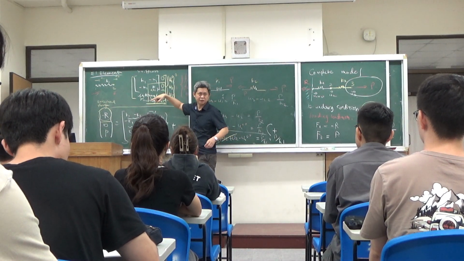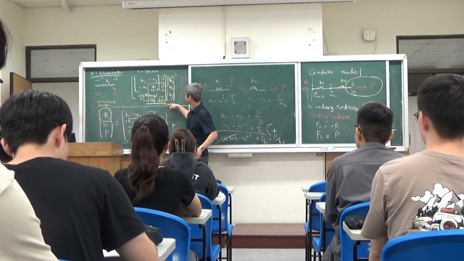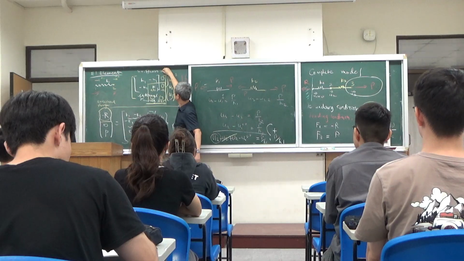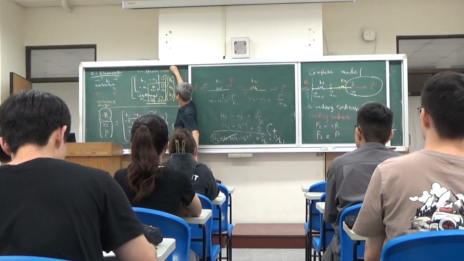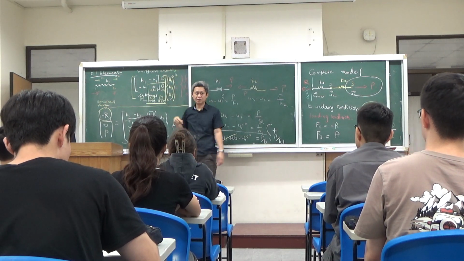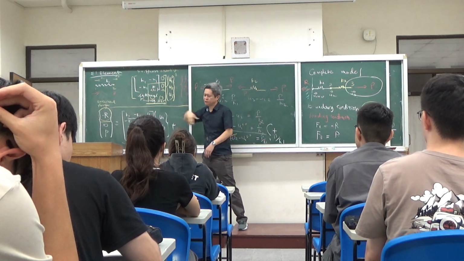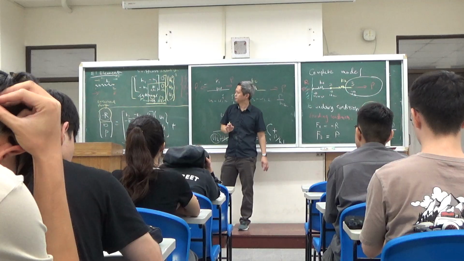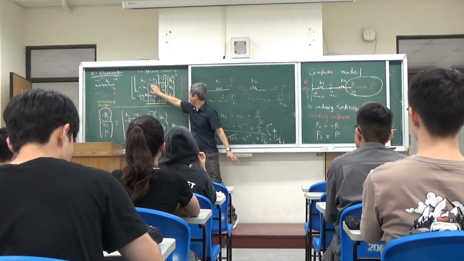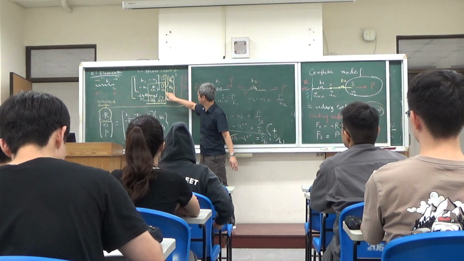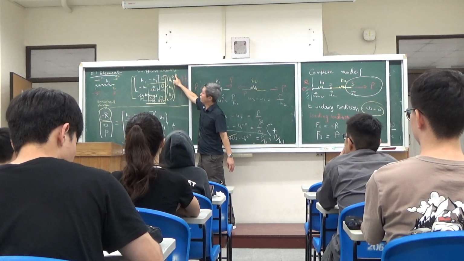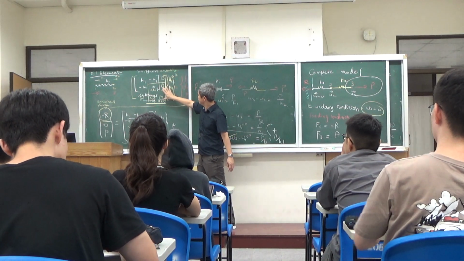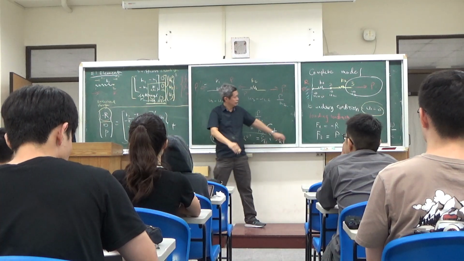Take the sum. In the textbook they call this stiffness assembly. Stiffness assembly is the procedure, and the real meaning is the force sum on the free node. If you already have the force sum on the free node, and you take away the constrained node, then you should be able to solve this.